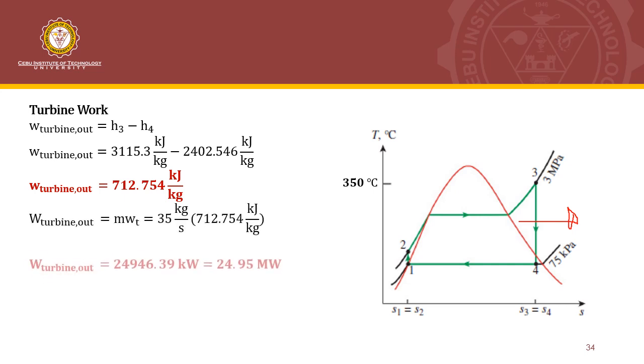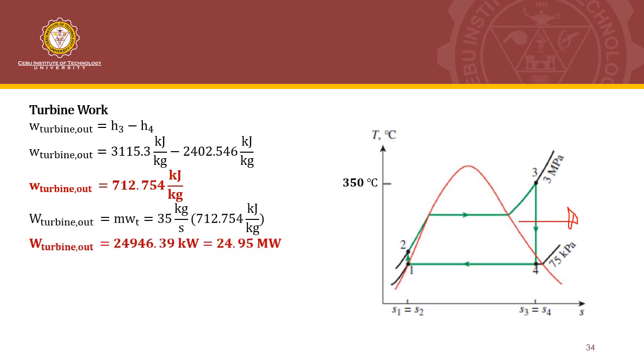In terms of megawatts, we multiply it with the mass flow rate to obtain the power output of the turbine as 24.95 megawatts. So this is the power that is coupled to the generator that later on would produce the electricity that would be distributed to the different users.